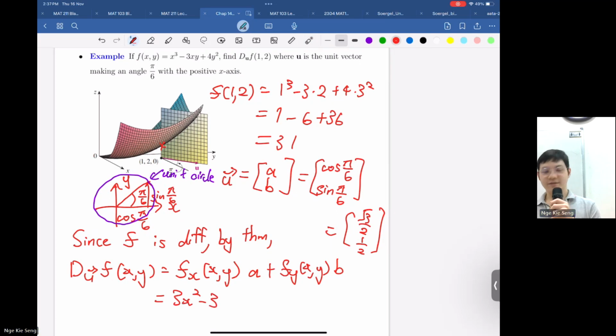You sure? How many variables here? x and y. How about y? You need to treat y as a constant. So if you differentiate minus 3xy with respect to x, what do you get?